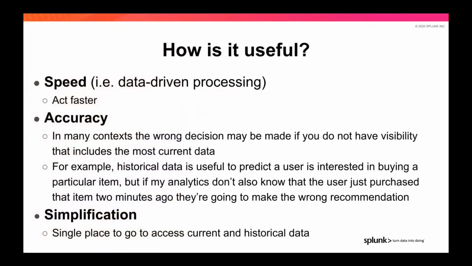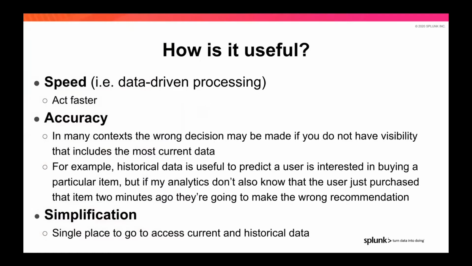So let me first talk about how it's useful to query both recent and historical streams. The first benefit is speed. Because you can do both, you can potentially act faster on certain tasks and signals. Then accuracy: in many contexts, wrong decisions may be made if you don't have visibility of your current data.